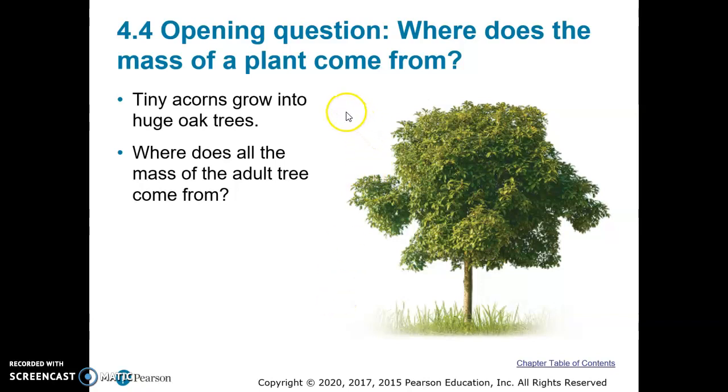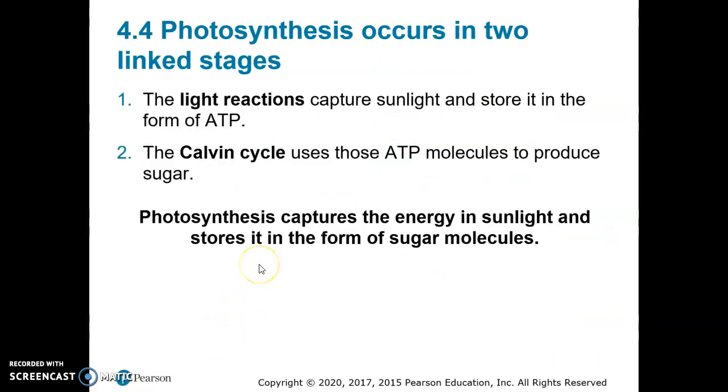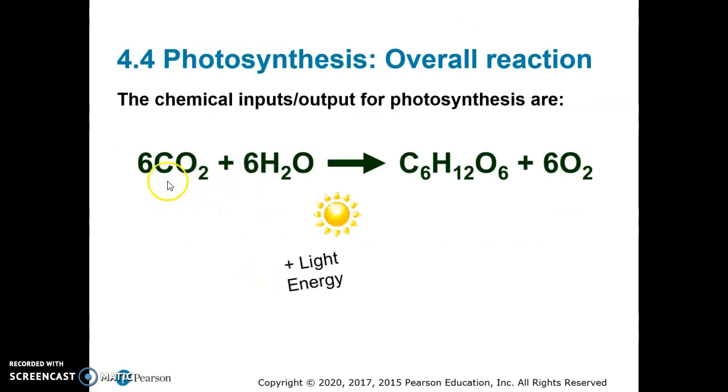Then the scientists started looking towards carbon from out in the atmosphere, which is what you and I know: it's carbon in the form of carbon dioxide up in the atmosphere that is being used. The water does come from the soil.